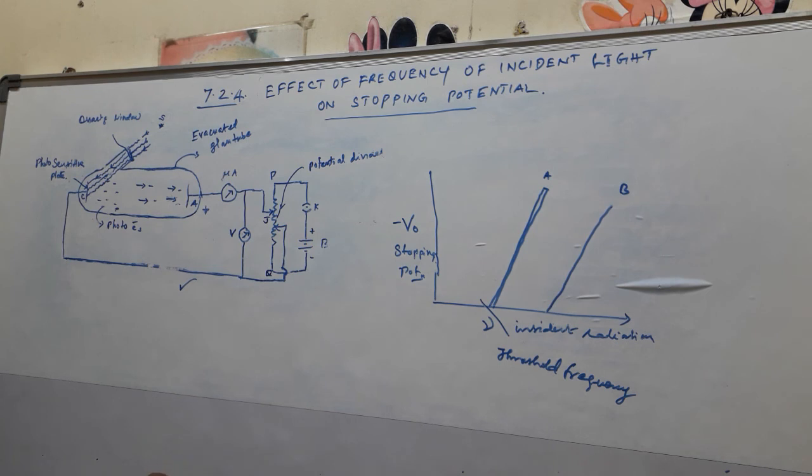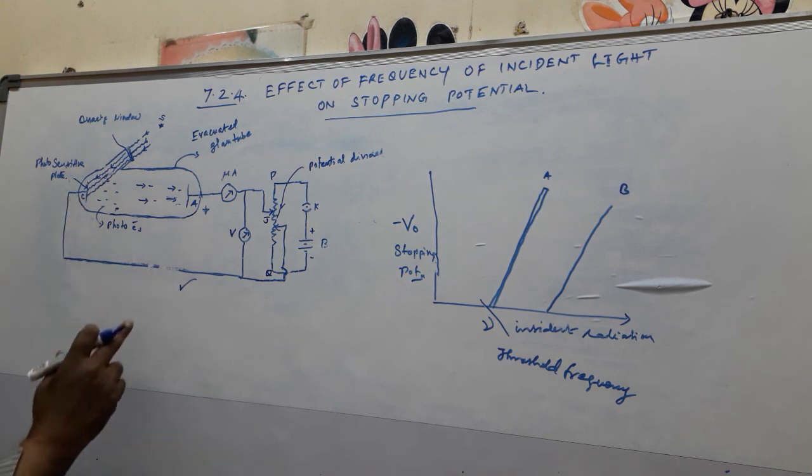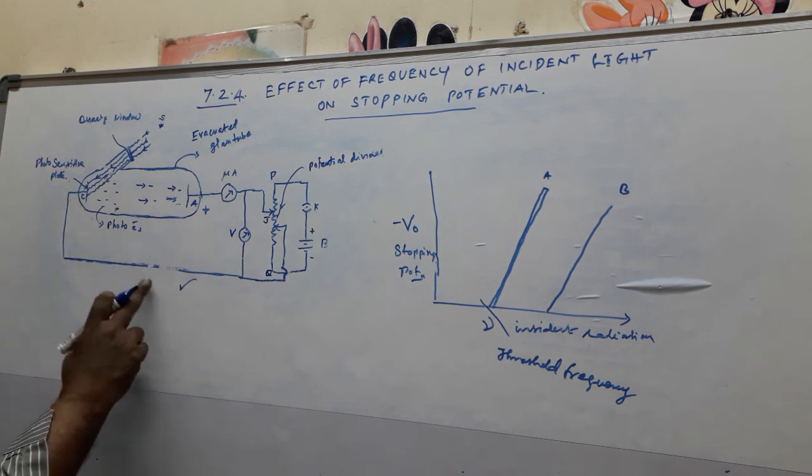If 7.21 is asked separately, it will be 5 marks. 7.22 or 7.23 or 7.24, whatever it may be, first you have to draw the figure. This is the basic need for 2 marks.